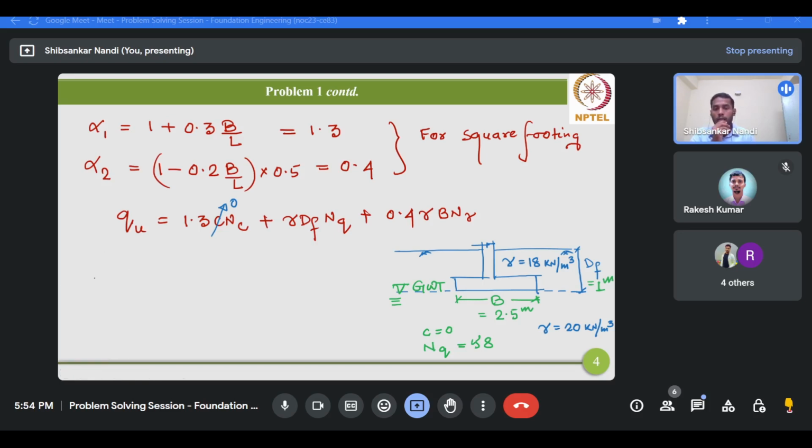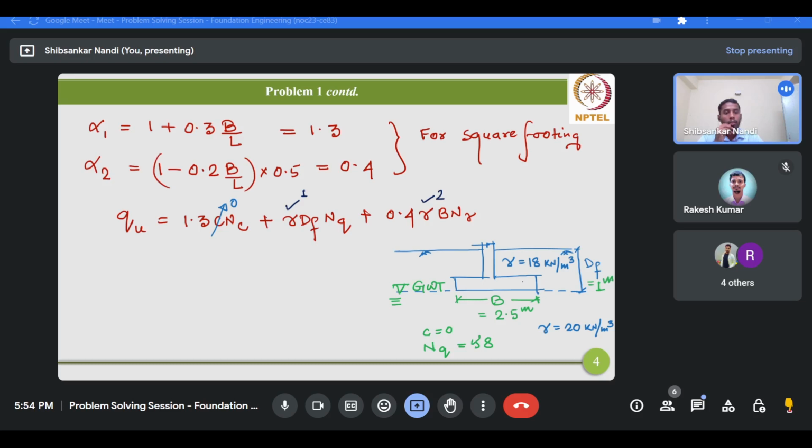First of all, there are two unit weight terms. So this is 1 and this is 2. Now if the water table is at the ground surface, then both these terms will be affected by the water table.